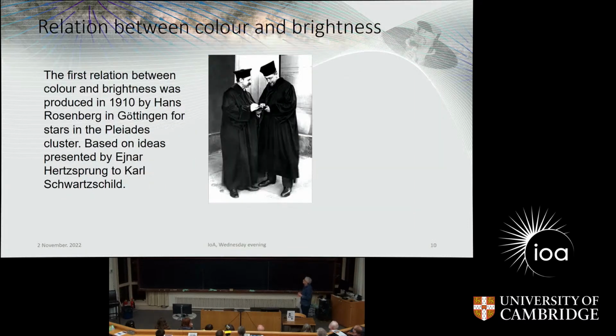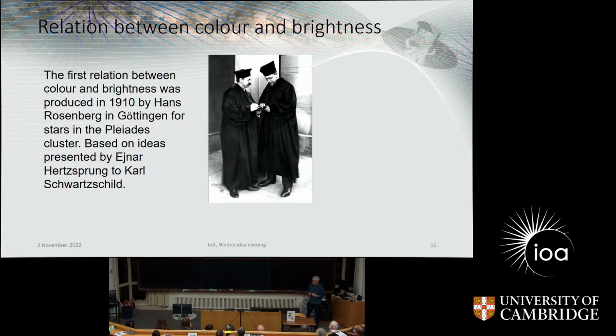So, the relation between the color and the brightness for the stars. The first relation between color and brightness within a cluster was established by Hans Rosenberg in Göttingen, based on the Pleiades again. It was based on an idea that came up in a discussion between Hertzsprung and Schwarzschild in Göttingen around that time. Hertzsprung is on the left there, Schwarzschild on the right.